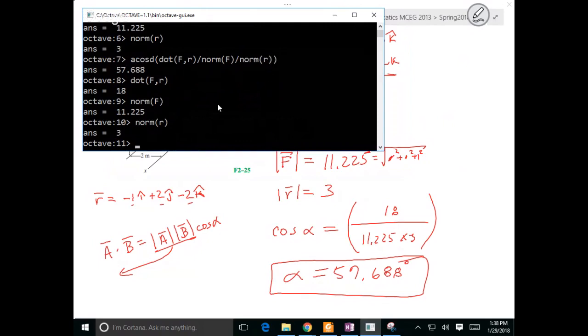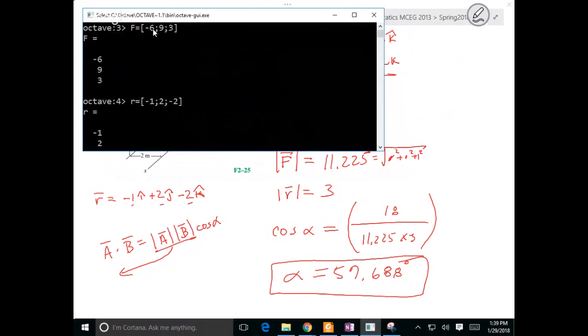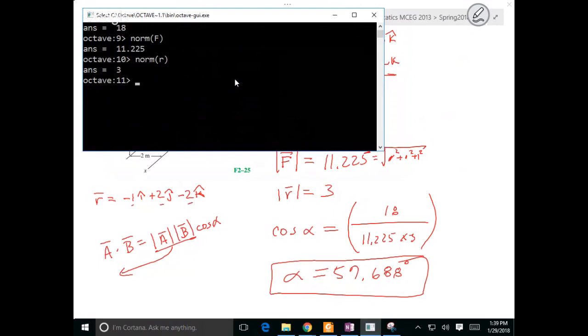So we're just verifying. With that one statement, any vector you can just list in Octave or MATLAB that way, and it'll do it. And what's cool about this, we're not there yet, but I'll just do the cross product across F and R, just like that.